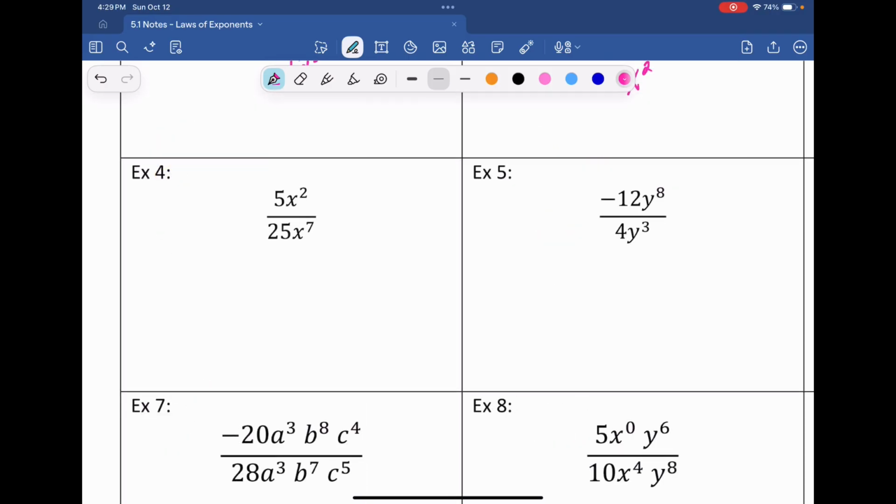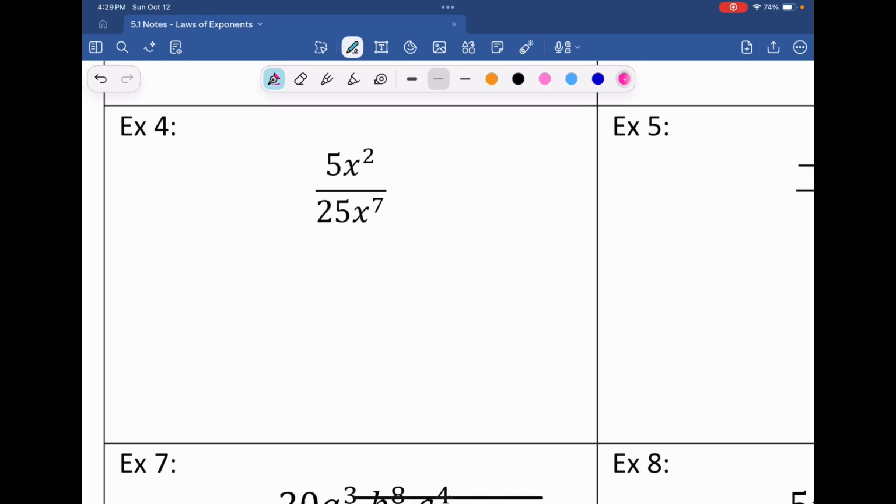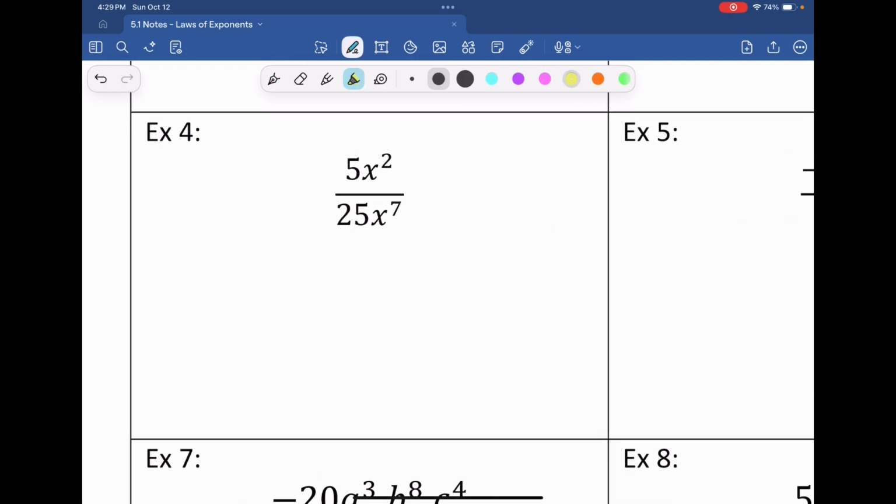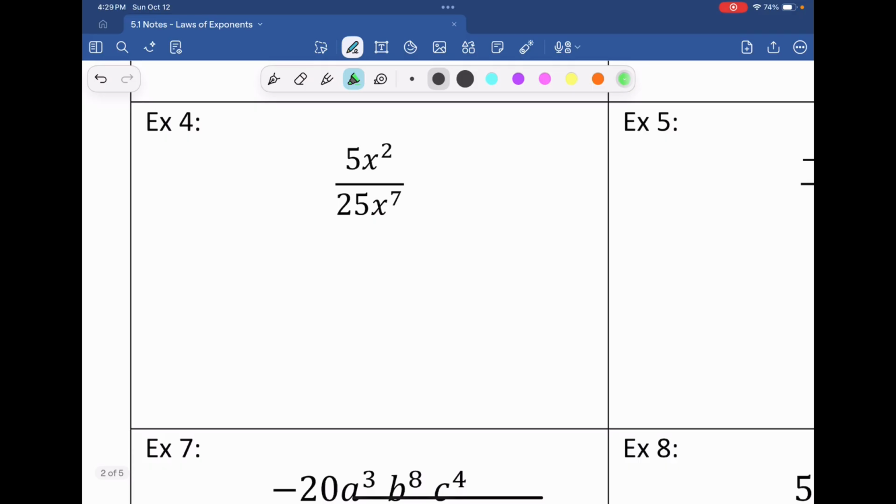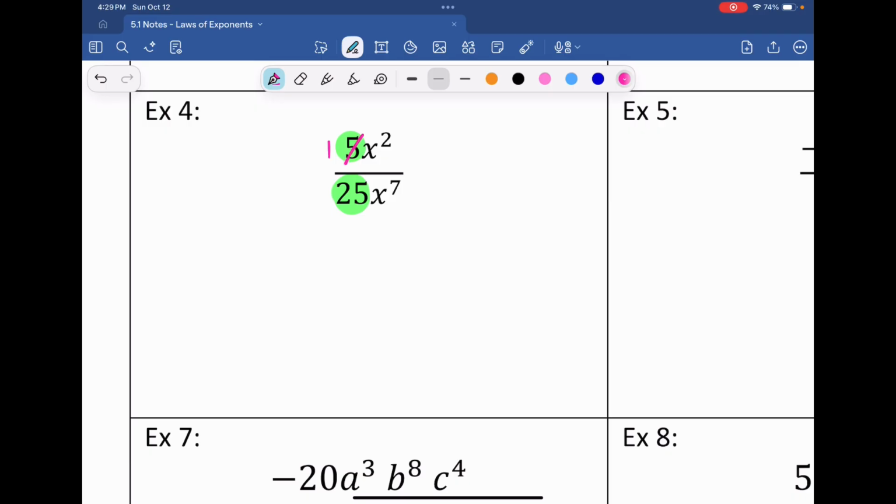Well, then we start using it in conjunction with other parts. Okay, reducing fractions. Okay, so what I mean by that is on example 4, we have 5 over 25. Well, both of those can be divided by 5. 5 goes into itself once, and into 25 5 times. And your x's, you have x squared over x to the 7. Bases are the same.